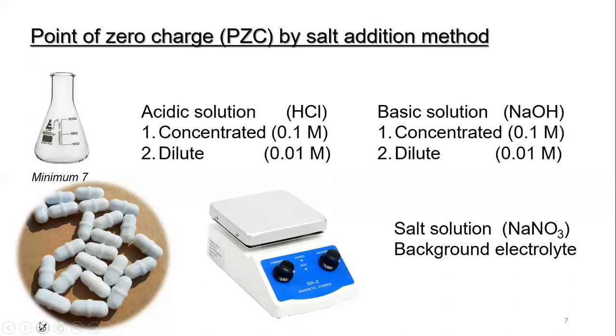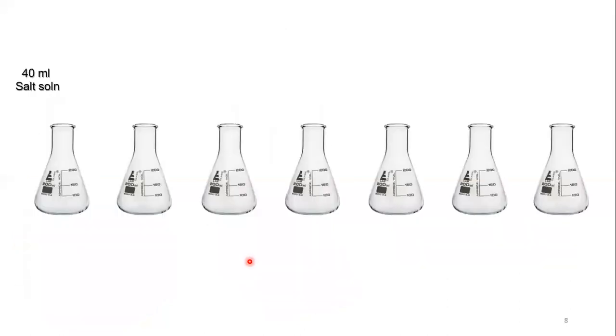Now, how to start the experiment? Let's move slowly and start. First of all, these are your 7 conical flasks: 1, 2, 3, 4, 5, 6, and 7. Just be sure that all the conical flasks are clean, with no particles, no dust, and no chemicals attached to the walls.